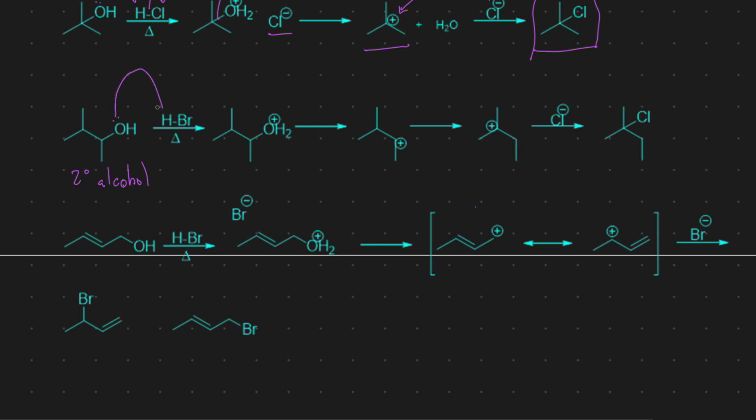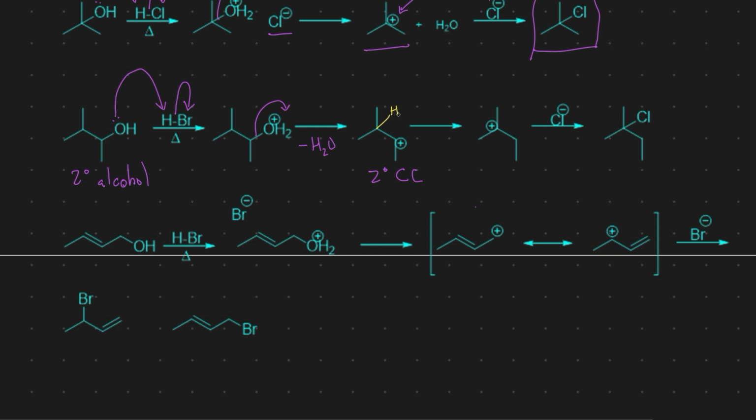Lone pair on oxygen attacks the hydrogen, plucks it off HBr, that bond breaks, and the electron pair goes to the Br. Turn a poor leaving group into a good one, minus H2O, and now we have a secondary carbocation, which is fine, but not nearly as stable as a tertiary one.